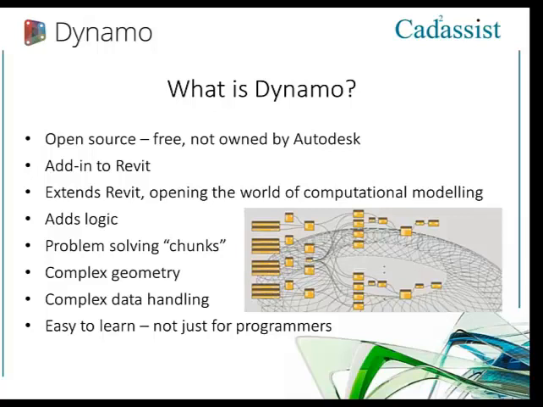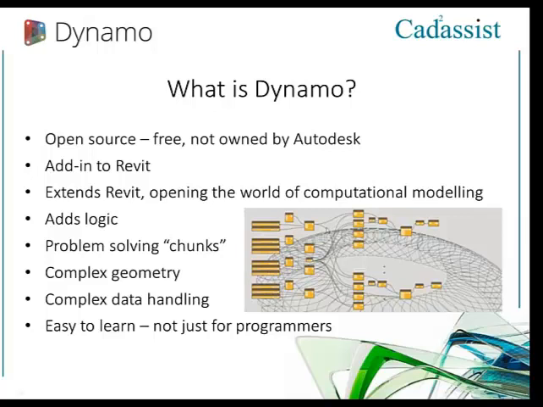By using Dynamo together with Revit, it actually turns Revit from a BIM tool into a computational BIM tool, and it does that by extending the functionality of Revit beyond what the Autodesk developers originally put in the software. It does that by adding logic and intelligence to your model.